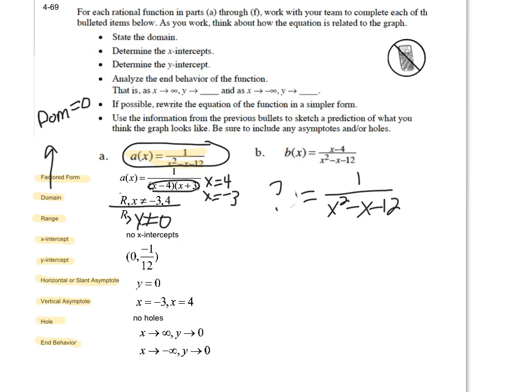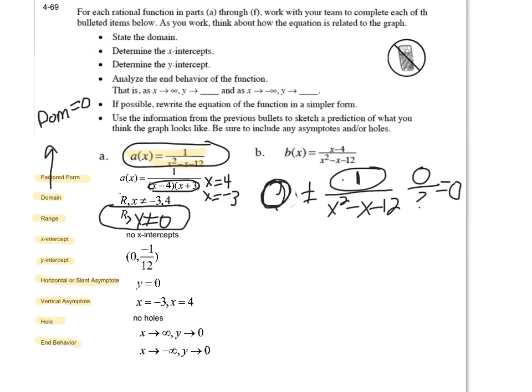What can and can't come out of this? Well, in order for 0 to be an output value, that means my numerator has to be 0, because 0 divided by anything is 0. But my numerator is 1. My numerator will never be 0. Therefore, this function can never equal 0, or in terms of my range, it cannot be 0.